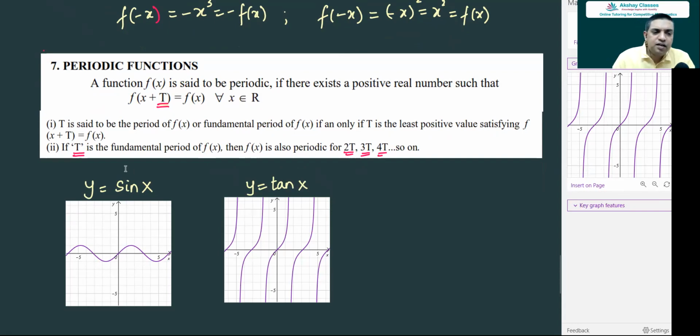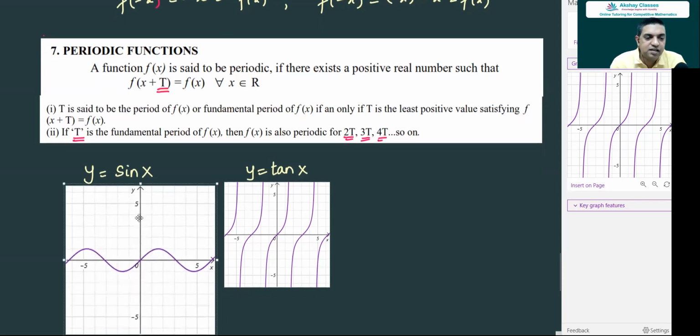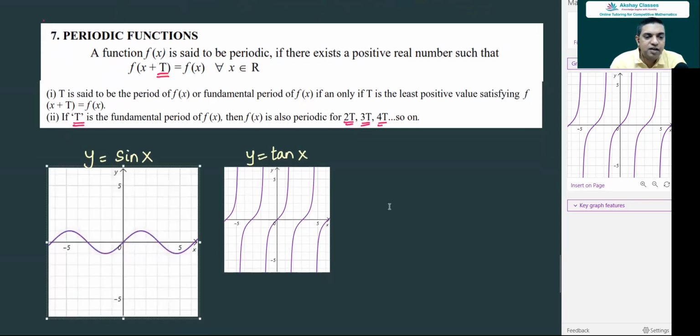See, here, let's expand it further. Graph repeats itself, and we know the period of sin x is 2 pi. At every interval of 2 pi, the values repeat. This interval 2 pi, the values repeat here.